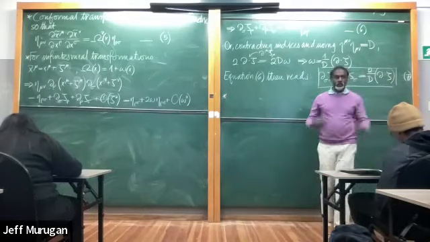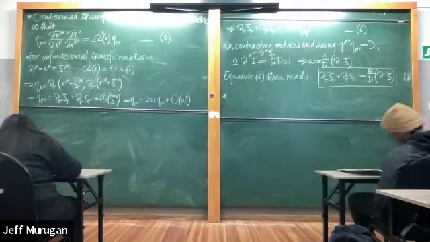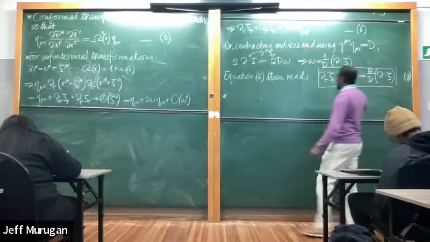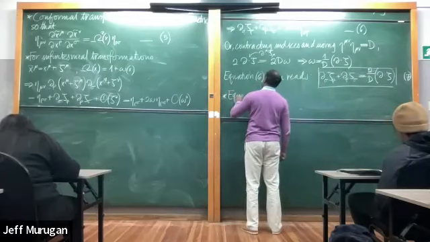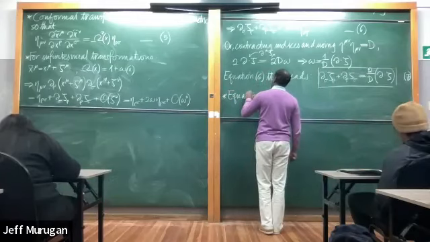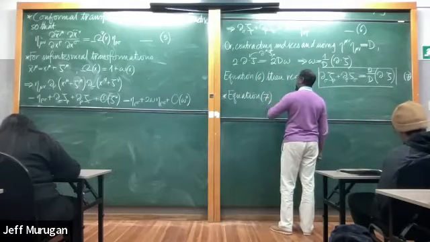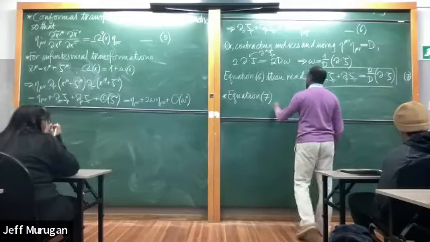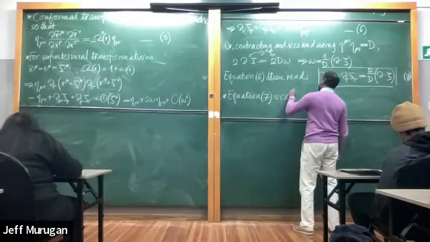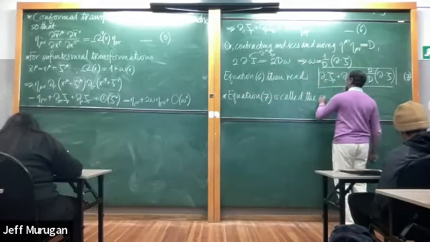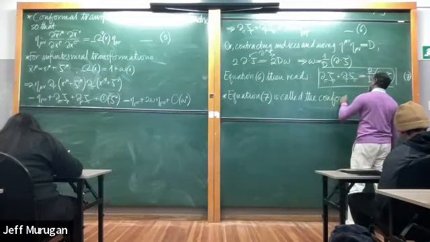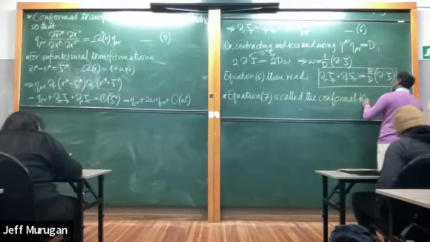And it encodes all the information that we want about generators of conformal symmetry in capital D dimensions. So equation 7 is sufficiently important that we give it its own name. It's called the conformal Killing equation.